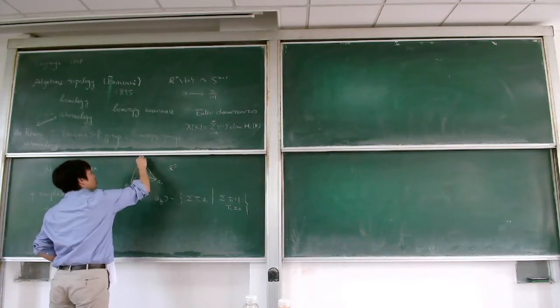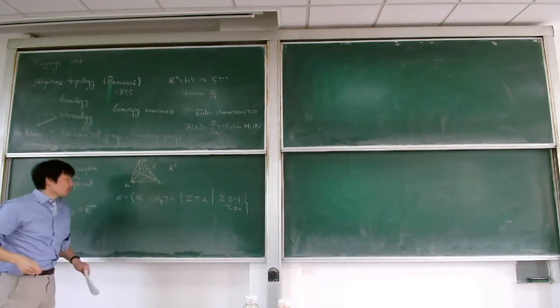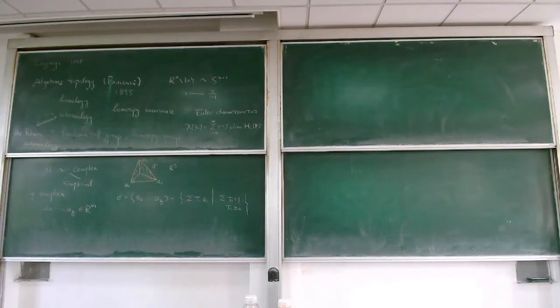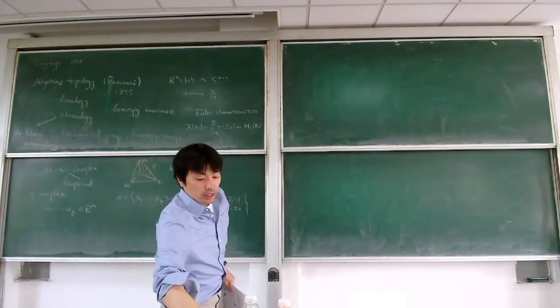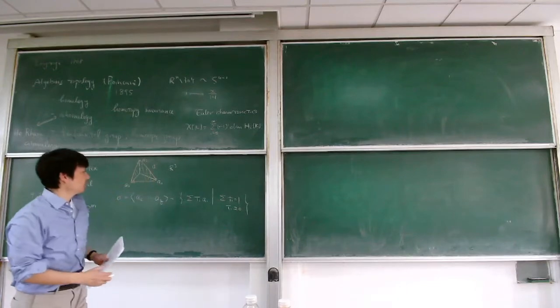This orange one is the simplex sigma. This is a q-simplex. It's a two-simplex. Yeah, 2 means 2-dimensional.